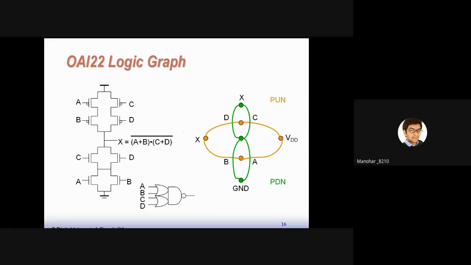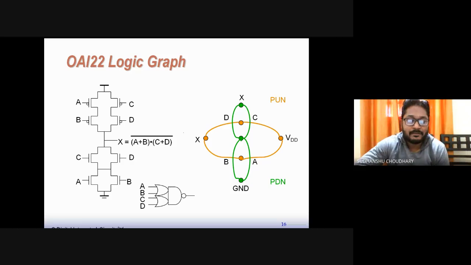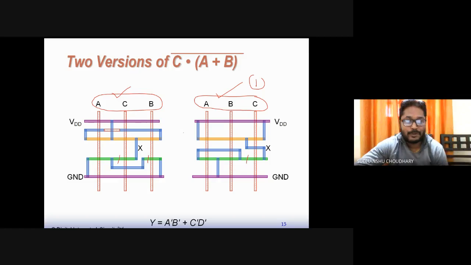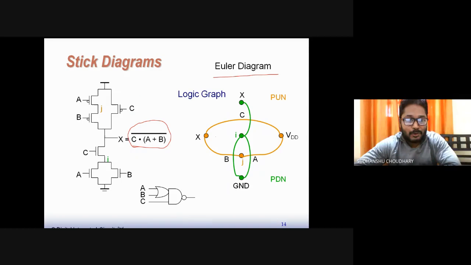Sir, how to identify the source and drain regions? Source of a PMOS is always connected to VDD, and similarly the source of an NMOS has to be connected to the ground.